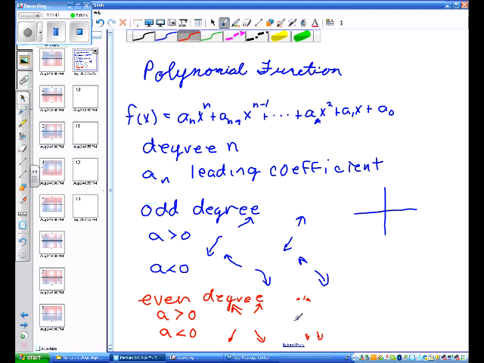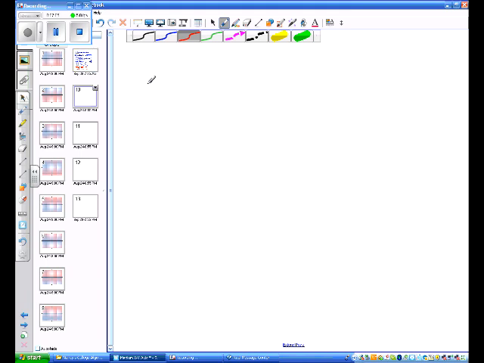We're just erasing what happens there in the middle, and we're just dealing with what happens on the ends. So this is how we go about using our degree and the leading coefficient test to understand our end behavior.